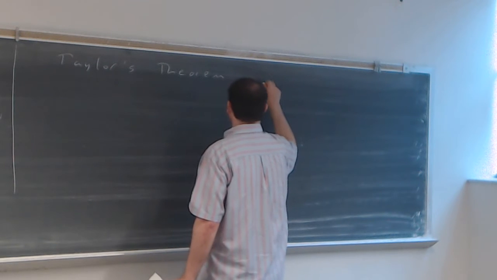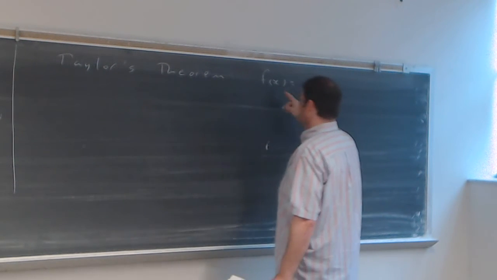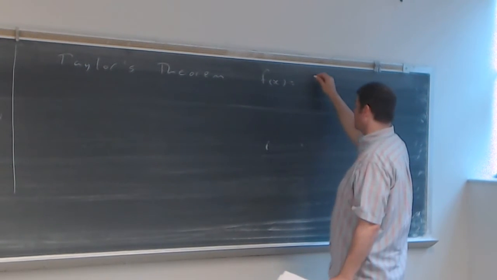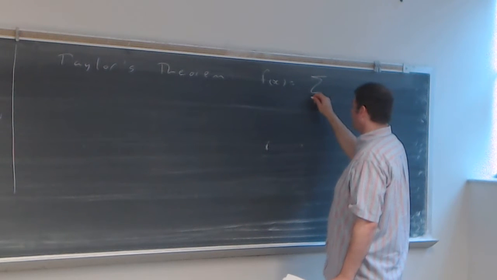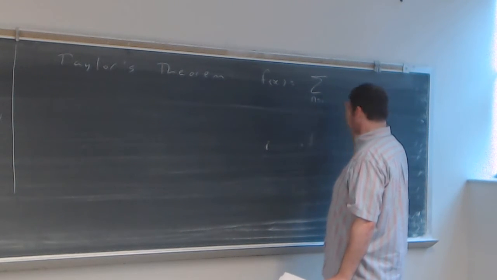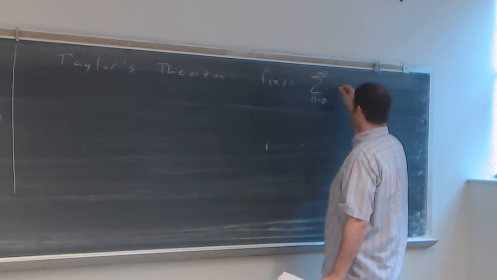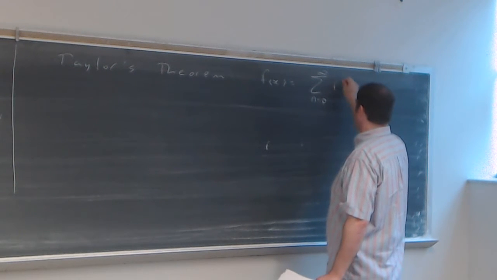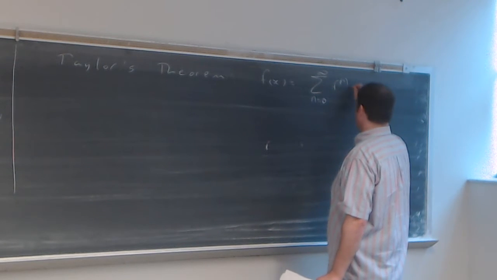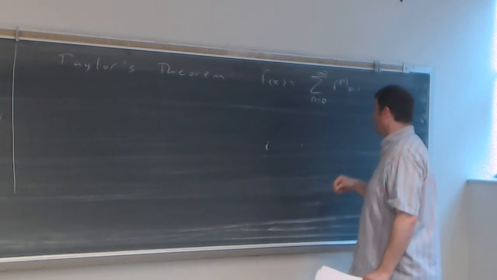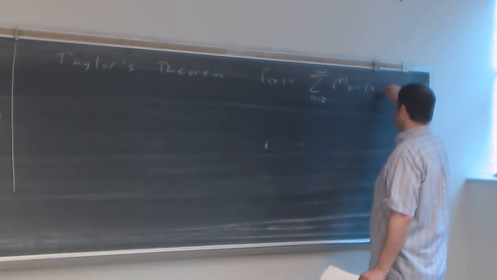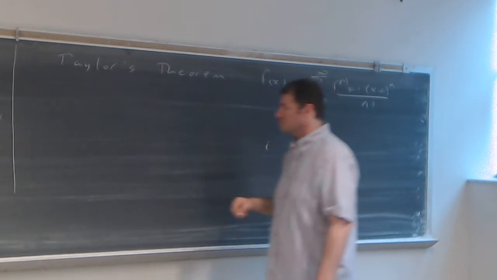What it says, if you remember, is if there's a power series representation for f of x, a function, then it looks like the sum, n running from 0 to infinity, of the nth derivative of f evaluated at some number a times x minus a raised to the n, all over n factorial.